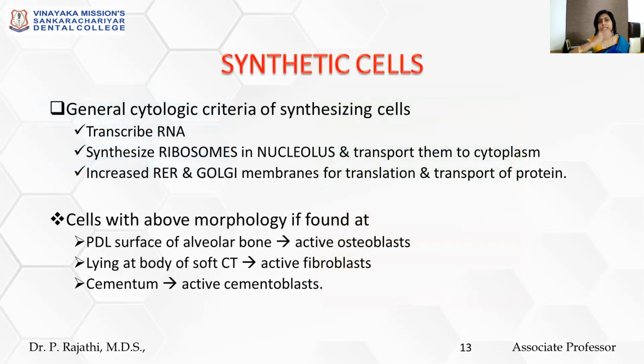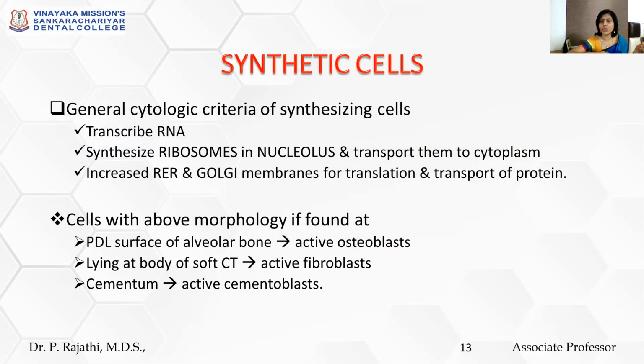So coming to synthetic cells. Any synthetic cell has a general cytological criteria. See, how is synthesis going to occur? Within the nucleus, the DNA is going to get transcribed to RNA, and it is going to synthesize free ribosomes within the nucleolus, and these free ribosomes are going to get transported to the cytoplasm, and thereby there is going to be an increase in the rough endoplasmic reticulum and Golgi membranes, all these for translation and transport of protein.